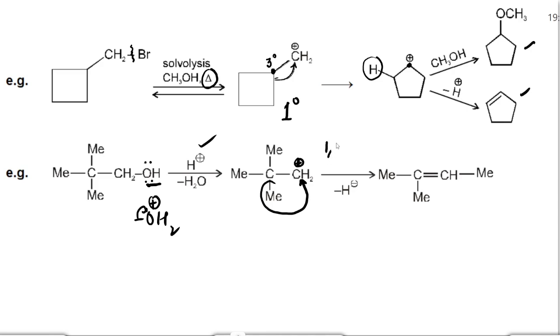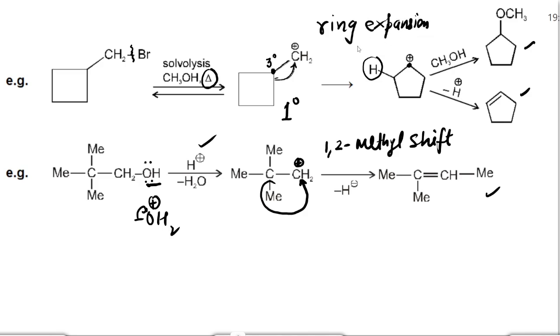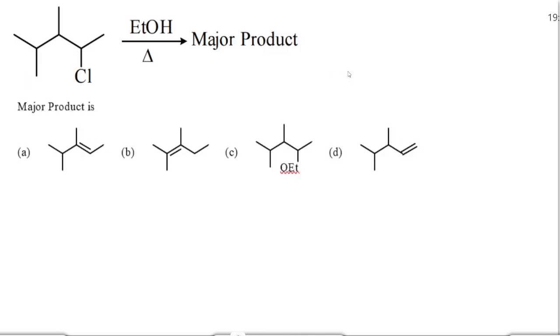This is called a 1,2 methyl shift, and therefore we get this product, alkene as the product. See, this is a ring expansion.